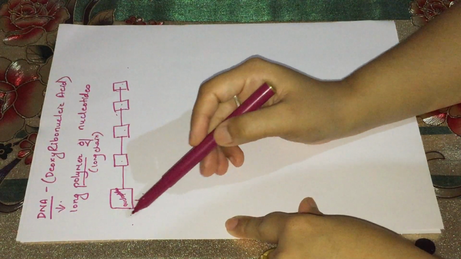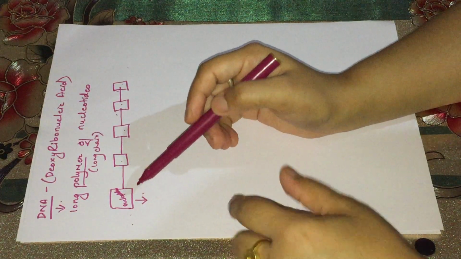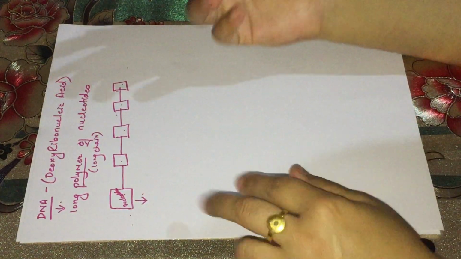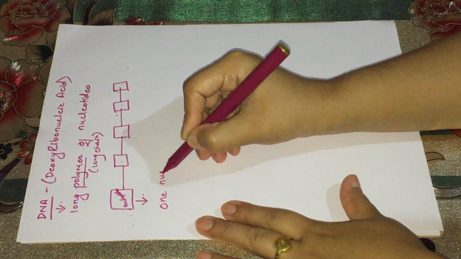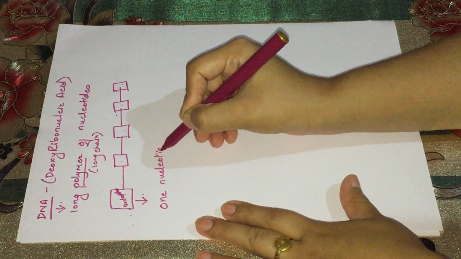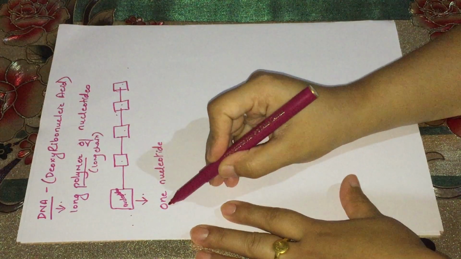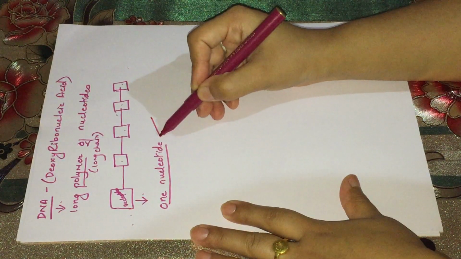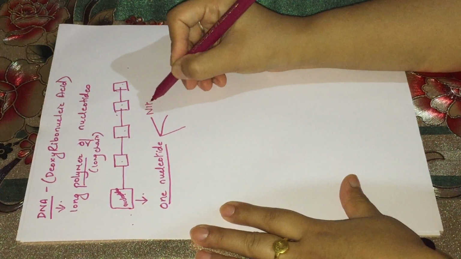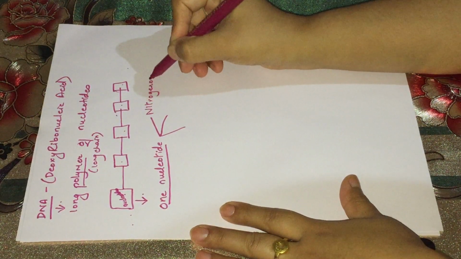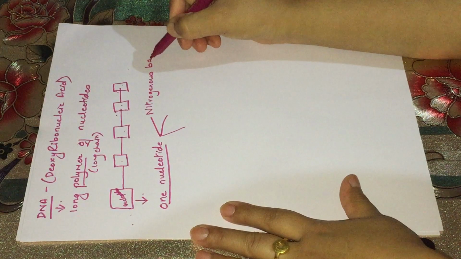One single nucleotide is made up of three components. And what are these components? Number one is the nitrogenous base.